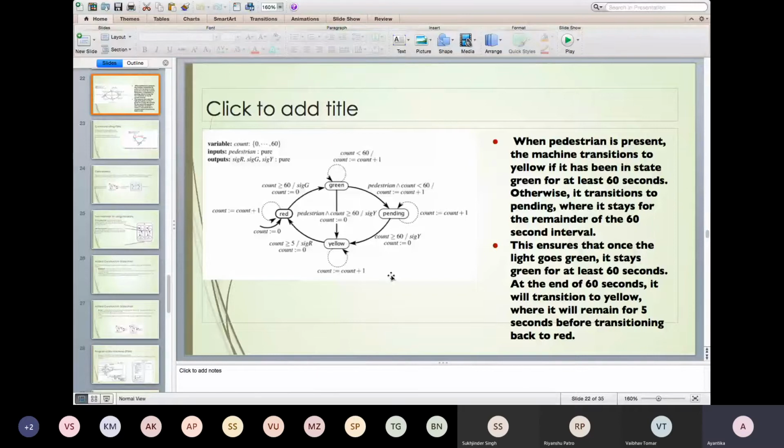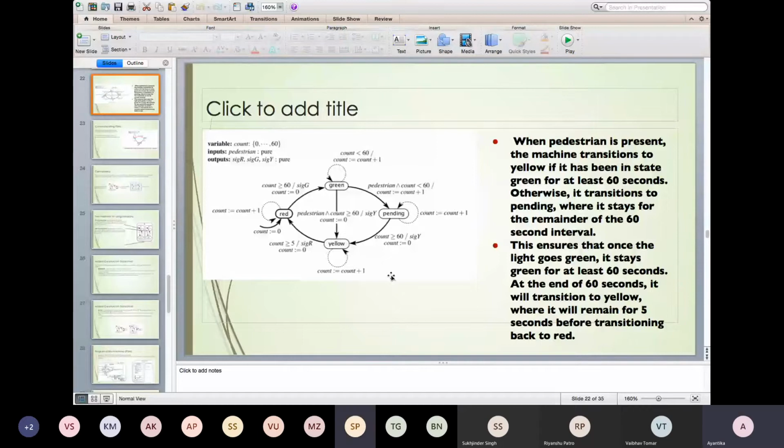When we are coming out, count is equal to count plus 1, and if it is less than 5, it remains in the yellow state. From yellow to red, it is checking whether count is greater than or equal to 5. If that condition is satisfied, you are setting signal R high, and you are in the red state.